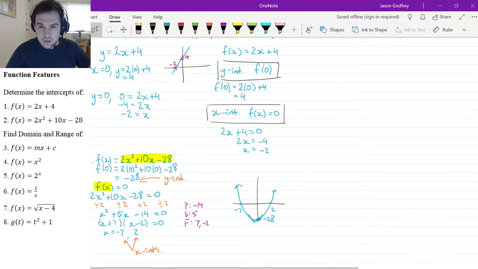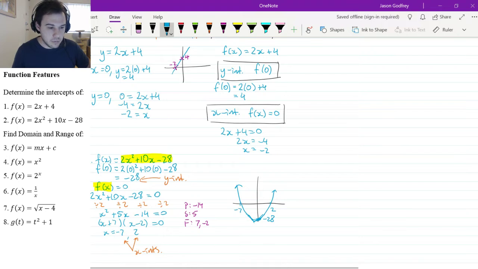However, the difference here is that there is a restriction on what y values you can get out. You can get, for example, the y value is 0 or some positive numbers, and you can get some negative numbers, but now negative 28 isn't the lowest value, but there is some minimum, right? Down the bottom of the graph, there's some lowest value at the turning point that you can't get past.